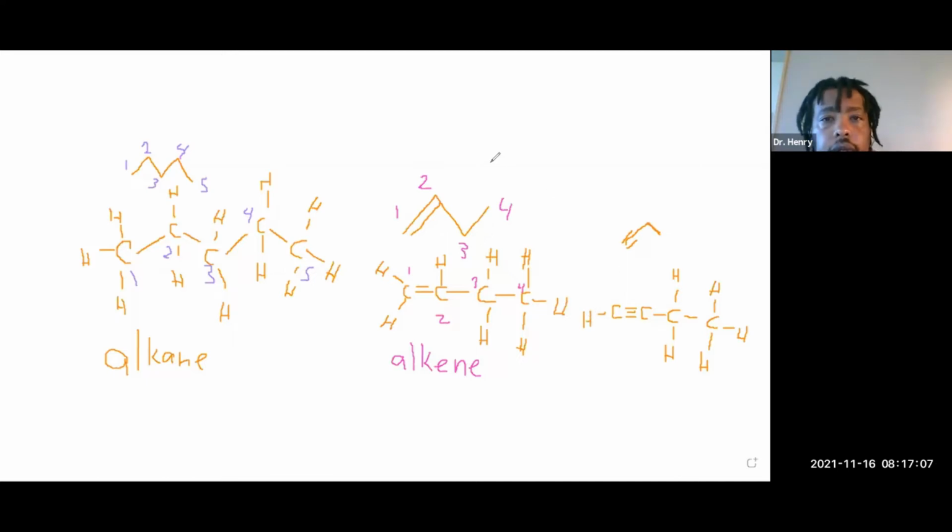Okay, so this is that first carbon, this is the second carbon, this is the third carbon, and this is the fourth carbon. So this 1, 2, 3, 4. And this is an alkyne.